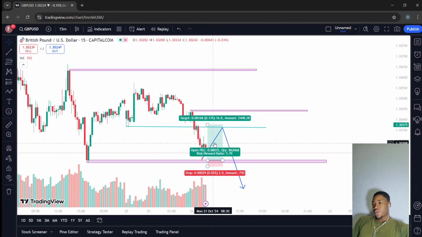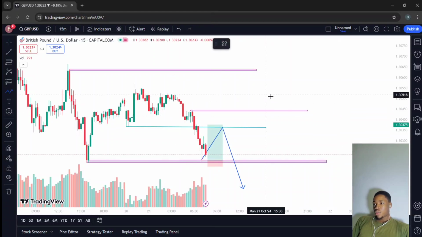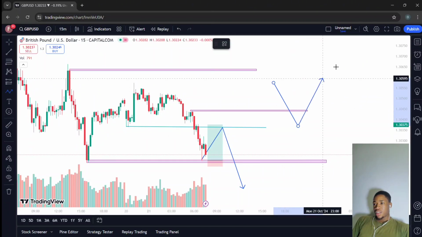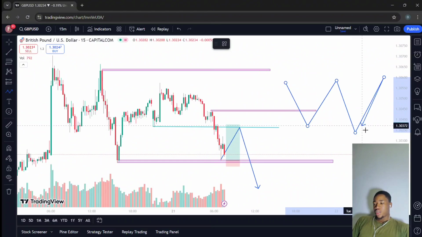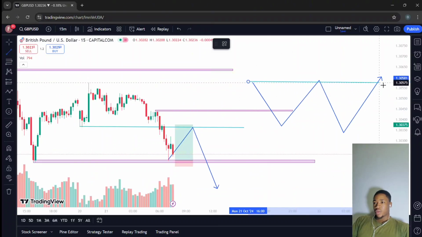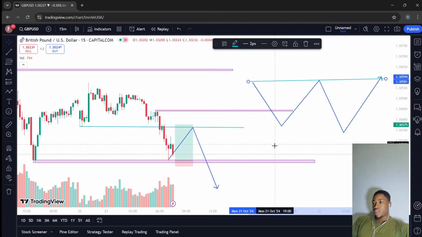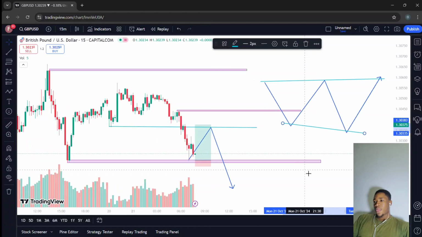Support and resistance is just we're waiting for price to come like this, to move up, to come like this, to move up. This zone here is what we call our resistance zone, and this zone is where we call our support zone.